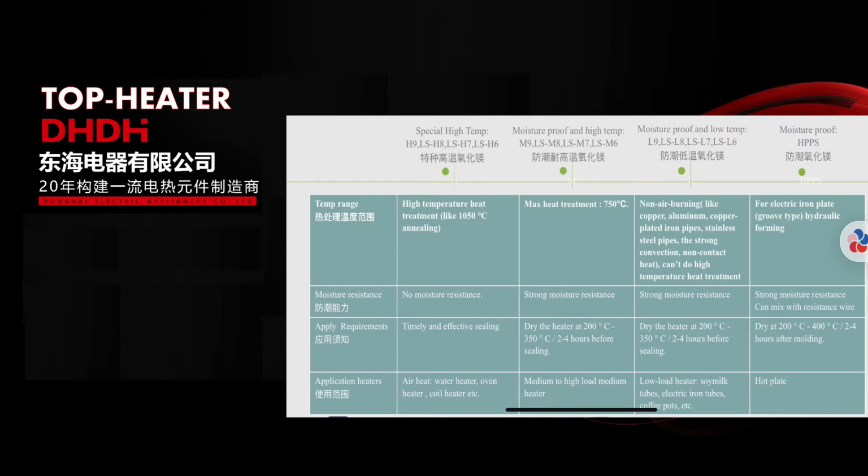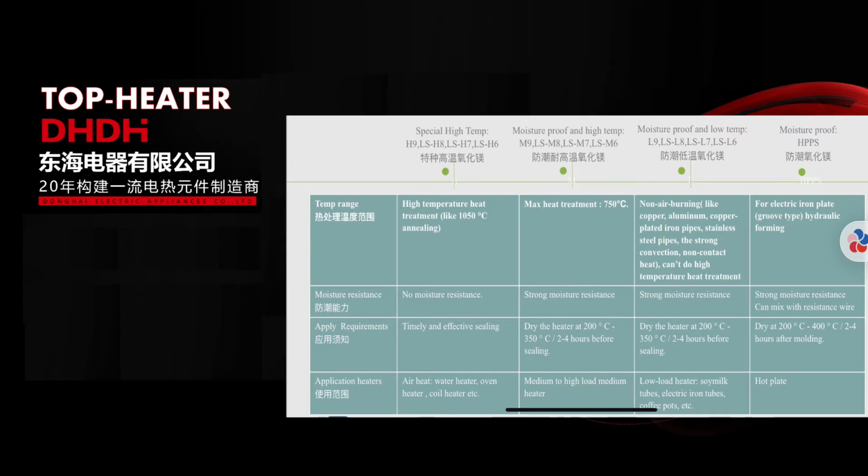It is suitable for the production of medium and high temperature air heat electric heating elements. It is not suitable for the H series' 1050 degrees Celsius annealing, but it has strong moisture resistance and can be easily sealed.